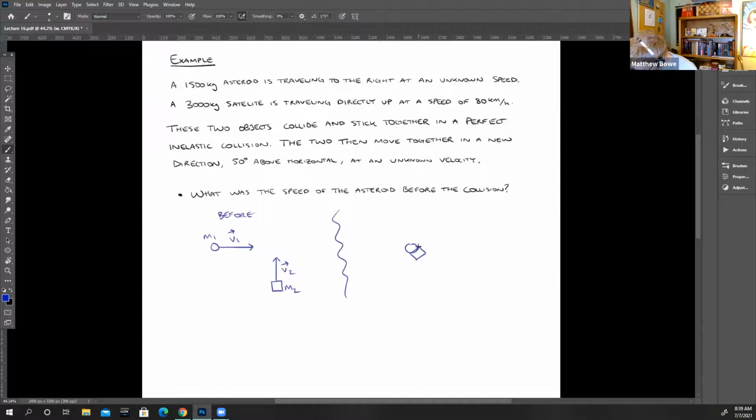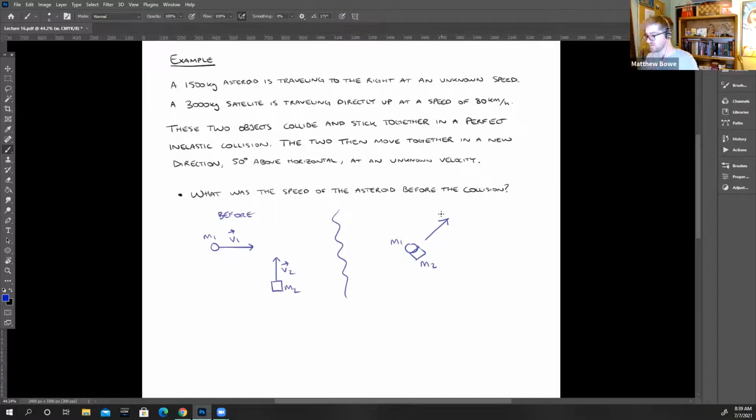And now they're moving at some trajectory like that. They're stuck together, perfect, M1, M2. I need to do that so I can do the coordinate system.